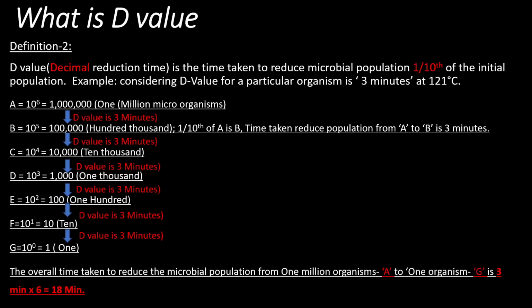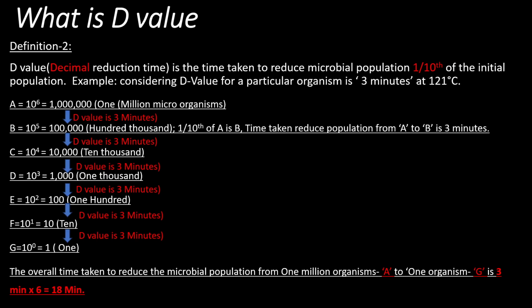In every case, you can see 1/10 of the organisms are reduced, and it took 3 minutes to reduce from 10 to the power of 1, which is equivalent to 10, to 10 to the power of 0, which is 1 organism. Our initial population is 1 million, denoted as A, and the final population is 1 organism, denoted as FG, G for goat, as an example here.